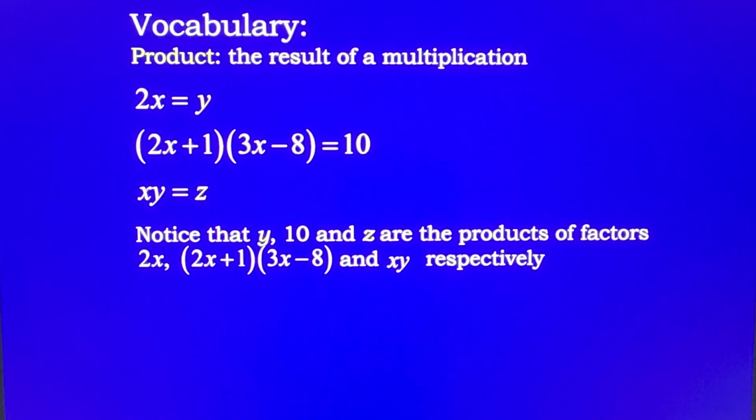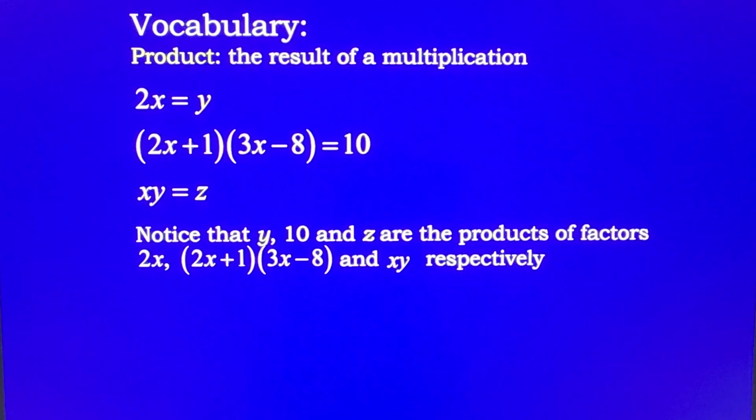Product. The product is the result of a multiplication or the multiplication itself. 2 times x equals y. That's a product. (2x plus 1)(3x minus 8) equals 10. That is a product. The product of the first amount, 2x plus 1, we don't know what it is, multiplied by 3x minus 8.